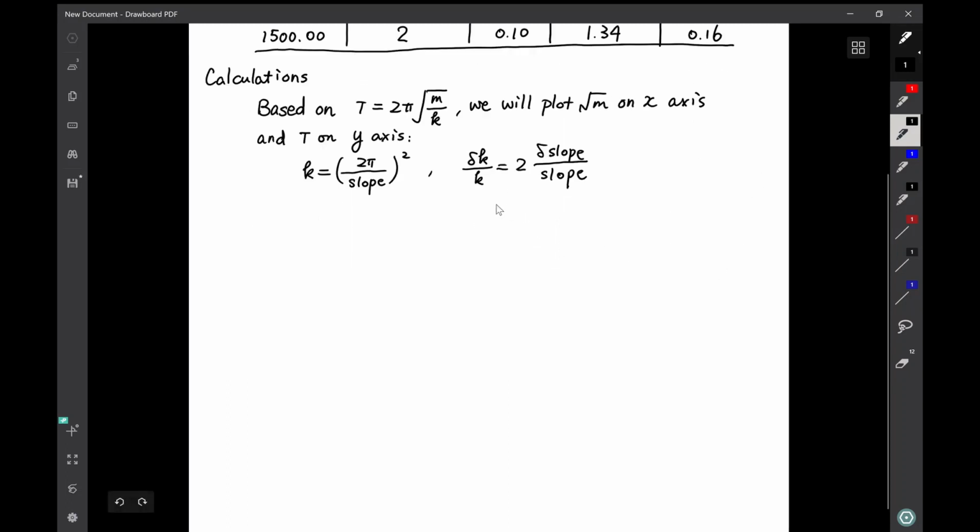So at the beginning of your calculations, you do exactly the same as you did in problem 1. You decide which quantities to plot on the axis and how you plan to calculate the desired quantity and its uncertainty. Then you need to create the graphing data table.